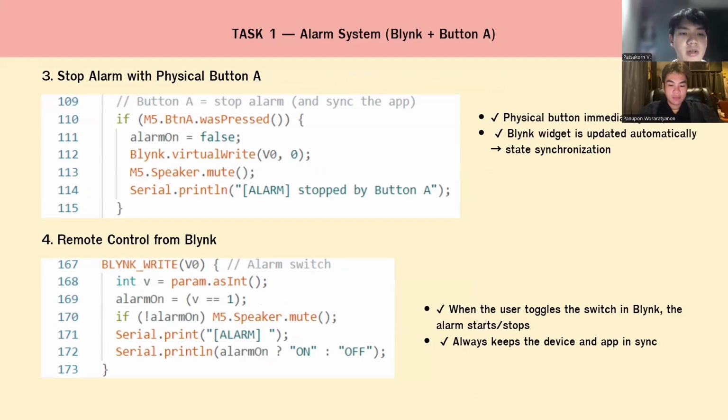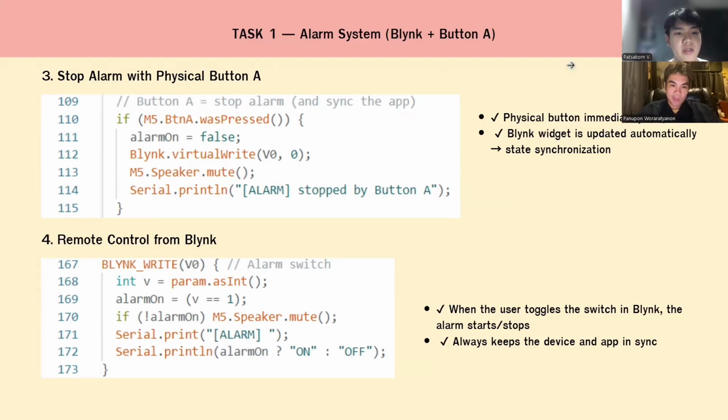If the alarm is on, the buzzer plays a short beep using the command M5.Speaker.tone(1000, 120). This makes a 1000 Hz beep for 120 milliseconds. Using millis keeps the entire device responsive while still making the alarm beep every second.